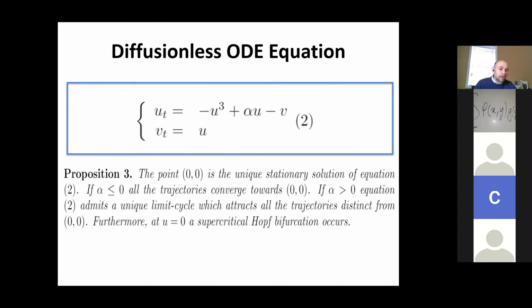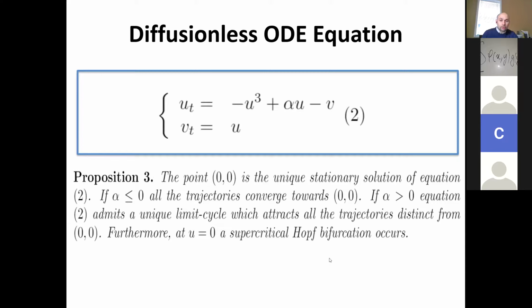Actually, we did it for the PDE, so this is of course true for the ODE. Now, when you take alpha positive, a limit cycle appears. It appears through a supercritical Hopf bifurcation.